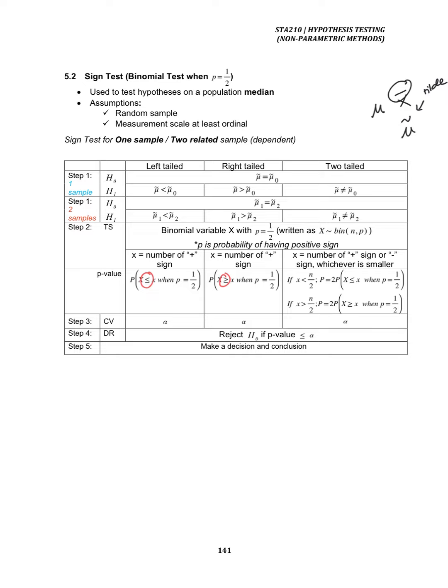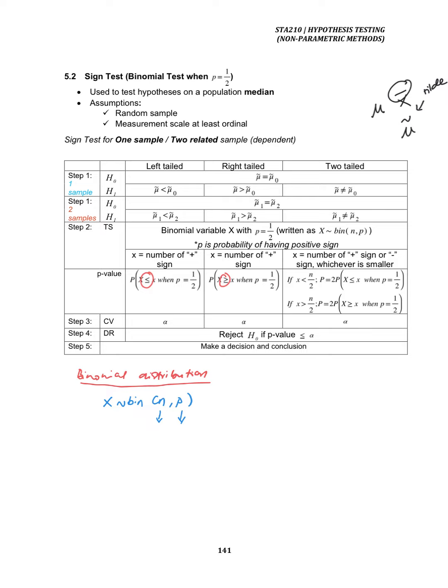Okay, I just want to recap what you have learned in STA 150 for the binomial distribution. Okay, if you still remember, binomial distribution, we have two parameters. It can be written as X has a binomial distribution with parameters n and p. Okay, so n is the sample size, p is the probability of success.